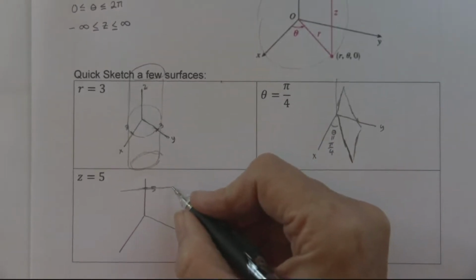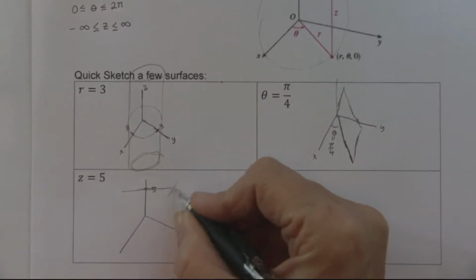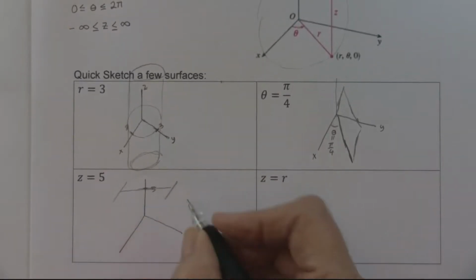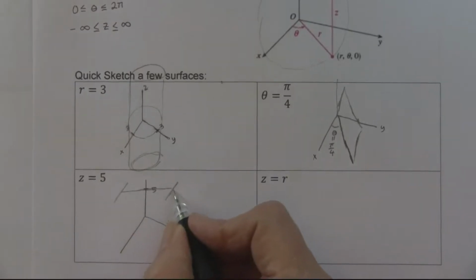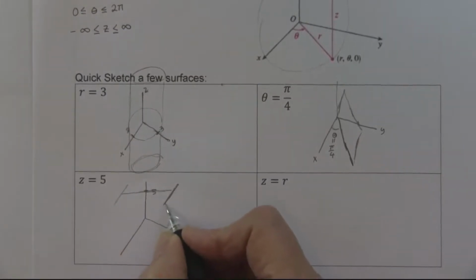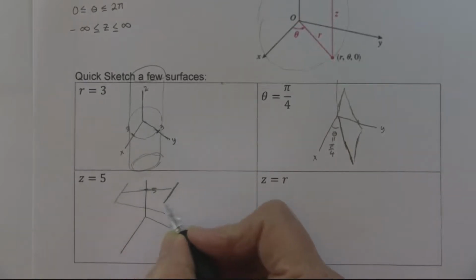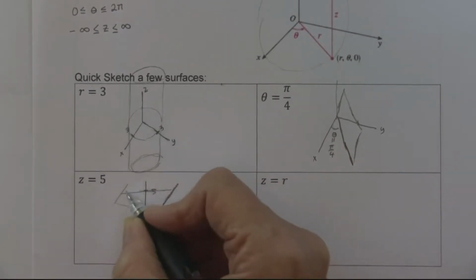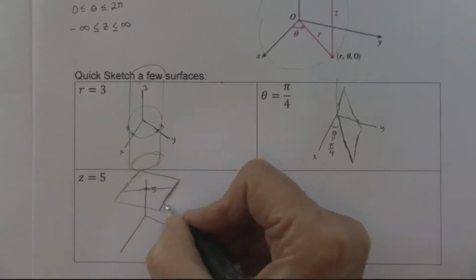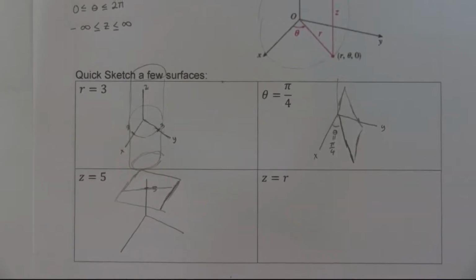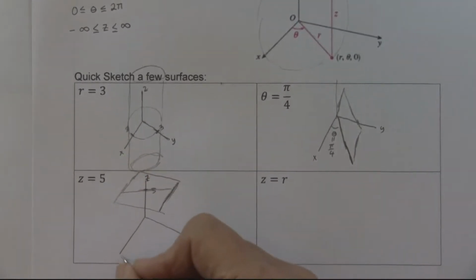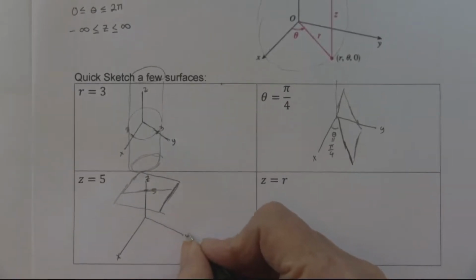So I'm doing my best to draw this plane in here with a height of 5. So these were parallel to the x-axis, and I'm going to draw this one in here parallel to the y-axis-ish. So there's my plane at z is 5. That's z, this is x, this is y.